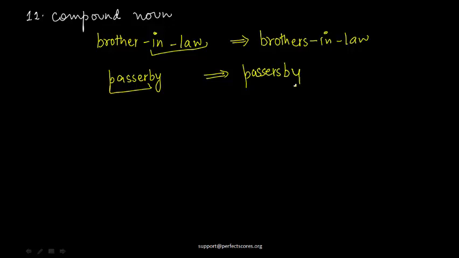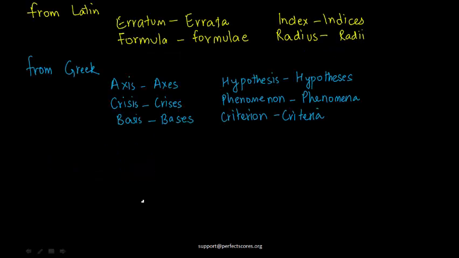Passers and then by. So all the rules that we have done till now apply to all the English words. Now there are going to be different rules for the words that are derived from the Latin language, like errata. So let's go ahead and discuss how we convert them into plural. Okay, so here are the words that are from Latin.